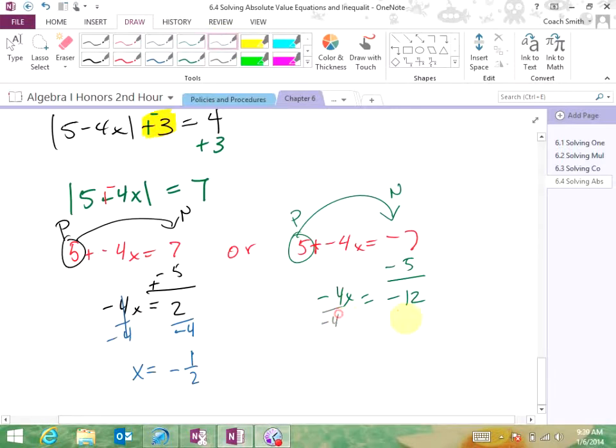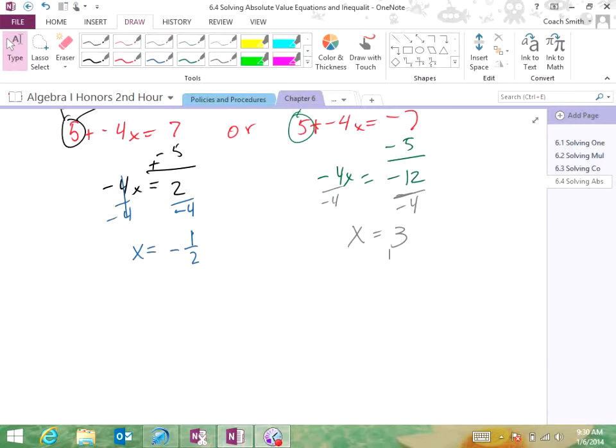Well, we divide by negative 4 on both sides, and that gives me x equals 3. So my two answers are negative 1/2 and 3. Okay?